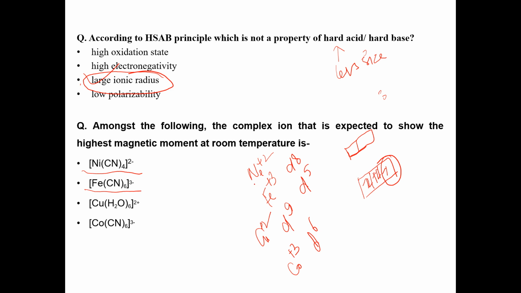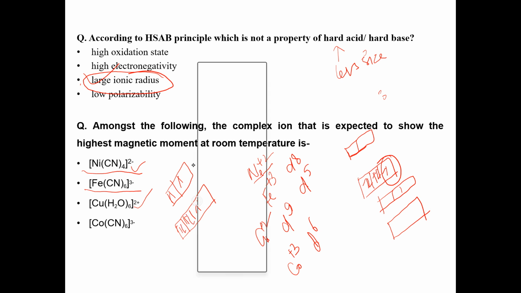And in this case, d8, since it is a square planar molecule. First just observe this one, that is d9. Since it is a weak field ligand, the electrons fill 1, 2, 3, 4, 5, 6, 7, 8, and 9. So one unpaired electron is there.